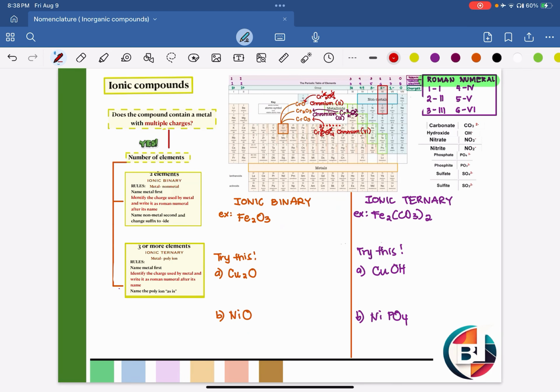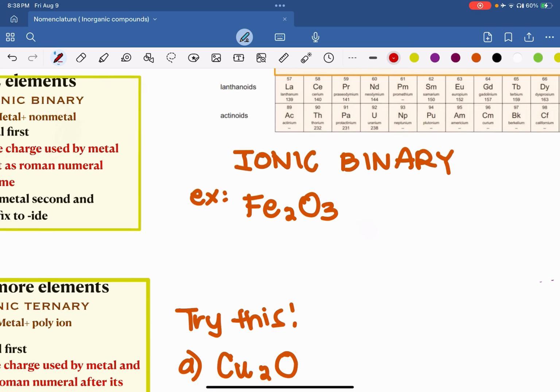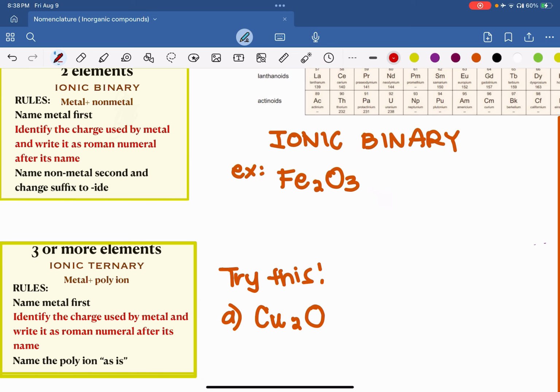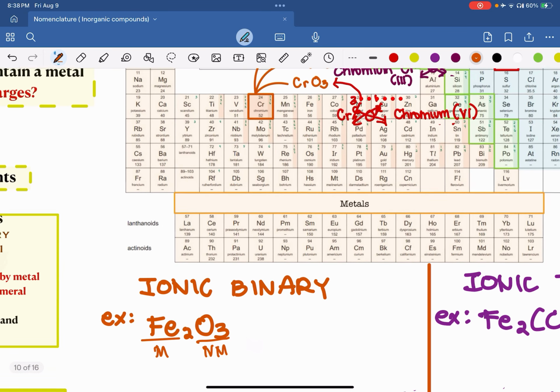With that, let's move forward to discussing ionic binary. Remember, ionic binary is composed of metal and, of course, non-metal. Looking at your periodic table, you have here iron.